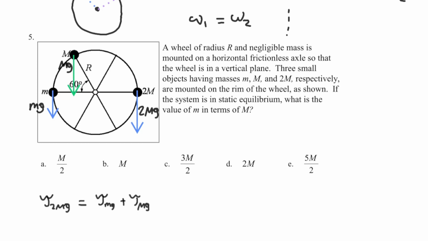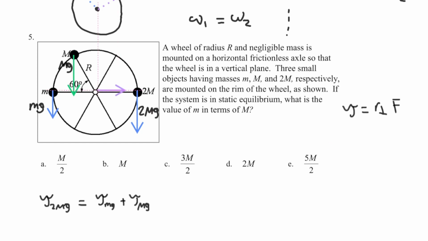And for this one, we're going to utilize the idea of lever arm. So torque is equal to lever arm times the force. Again, the lever arm is just the shortest perpendicular distance between the point of rotation and the line of action of the force.